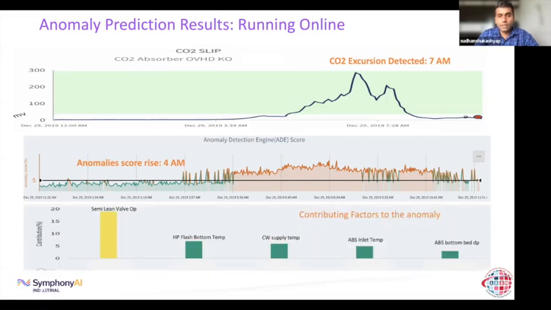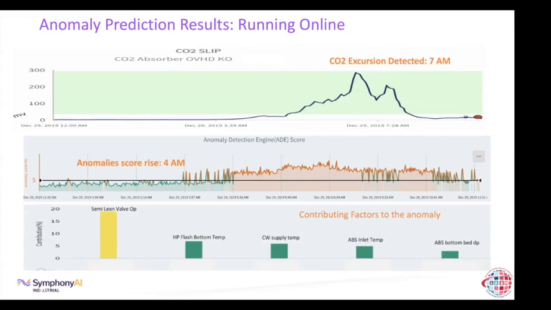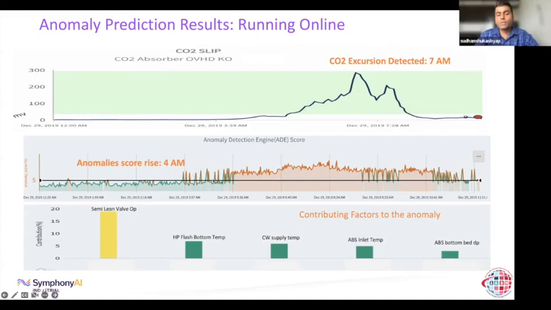So next, we talked about contributing factors. That is the next part of explainable AI. We also want to understand, when these anomalies happened, what caused them. So which parameters of that whole CO2 system are causing these anomalies?